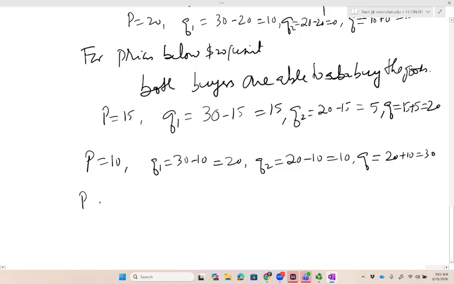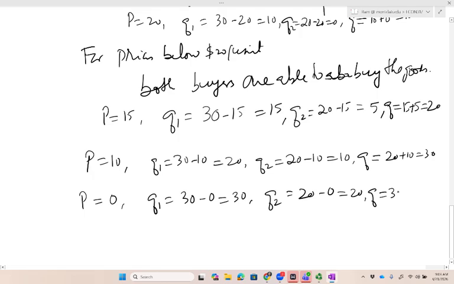When price goes close to 0, I will write 0, but we must understand it is not exactly 0, close to 0. Q1 will tend to 30 minus 0, close to 30. Q2 will tend to 20 minus 0, close to 20. And the market demand, 30 plus 20, turns out to be 50.